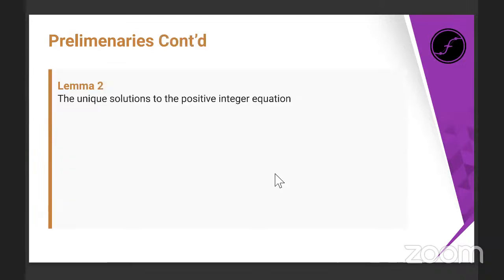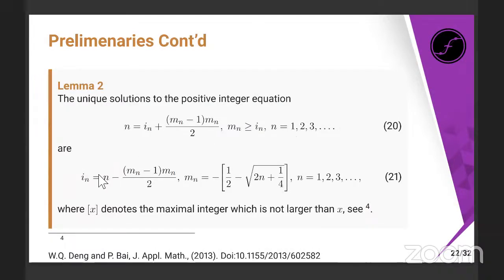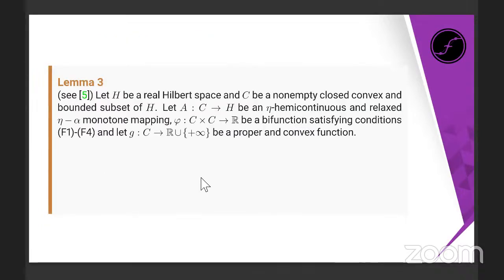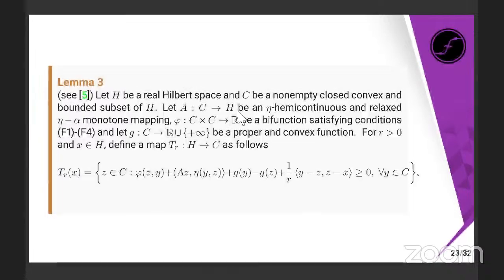We also use lemma 2, which provides us with the unique solutions to the positive integer equation, which are n and m_n. We also apply this lemma for establishing our result because we are dealing with bifunctions, and we are dealing with bifunctions because of the equilibrium problem.